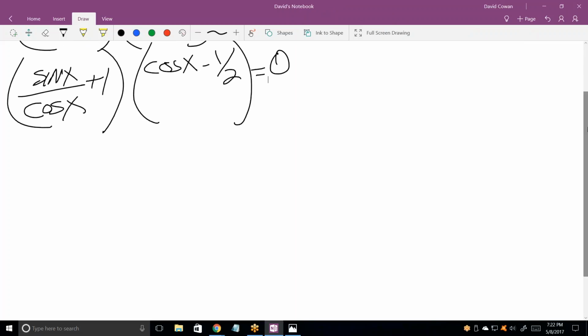Got to FOIL it. Multiply them by foiling, or, if you're not familiar with the word FOIL, every term by every term.